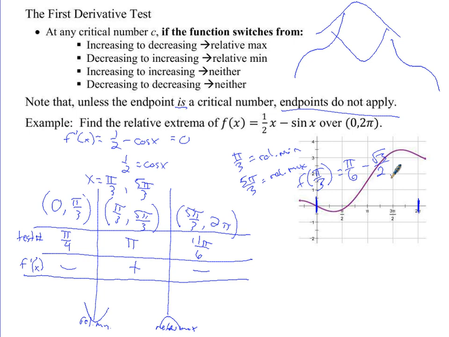So I have pi minus 3 root 3 over 6. So I have an ordered pair of pi over 3, comma, pi minus 3 root 3 over 6. And that is a relative minimum.